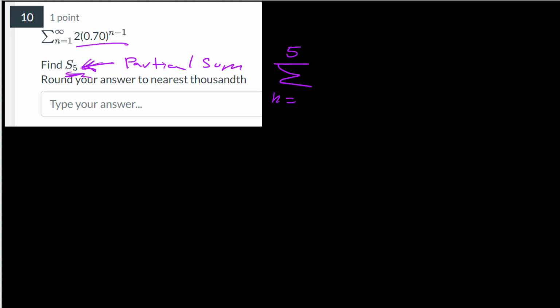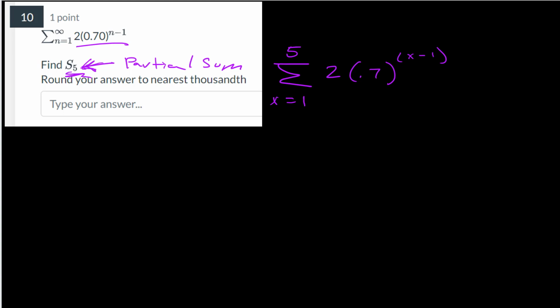and this is what we did on the first day of series, finding partial sums. We just stop at that point. We add up all the things before that. You can actually just type this into Desmos. Remember, if I'm typing into Desmos, I usually just use x instead of n. You could also use the calculator. So we want to say x is going from 1 to 5. And again, if you're doing this in Desmos, you're going to have parentheses around the exponent, x minus 1.